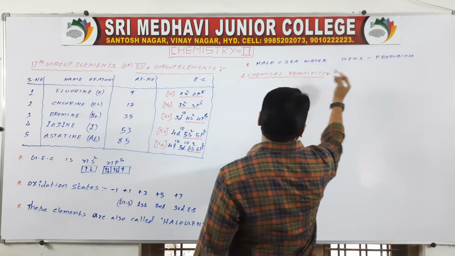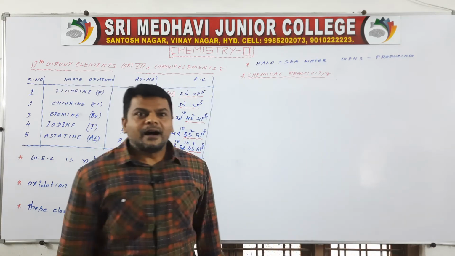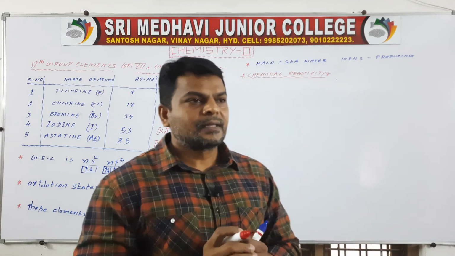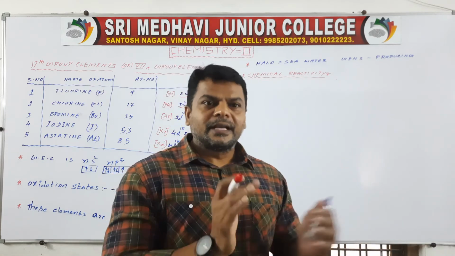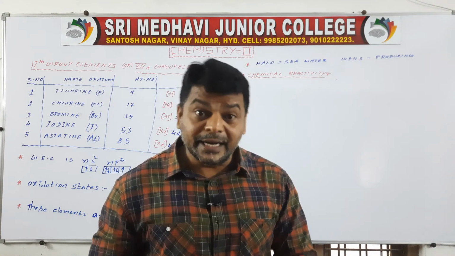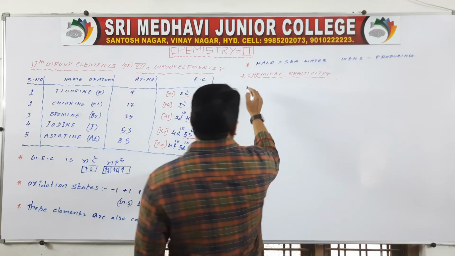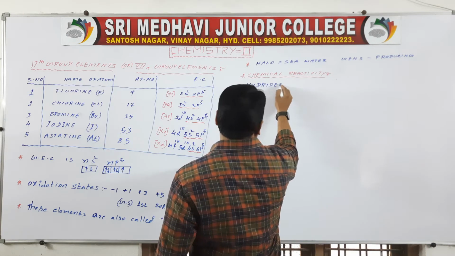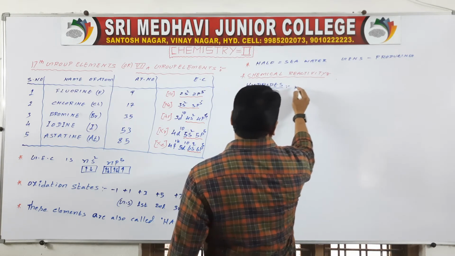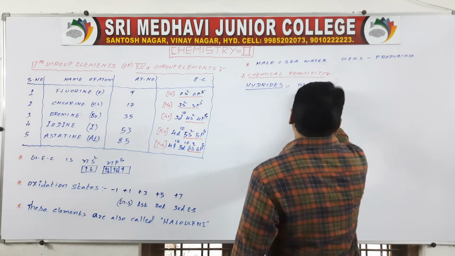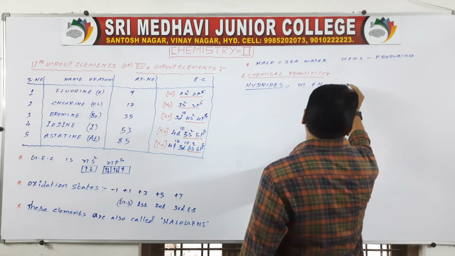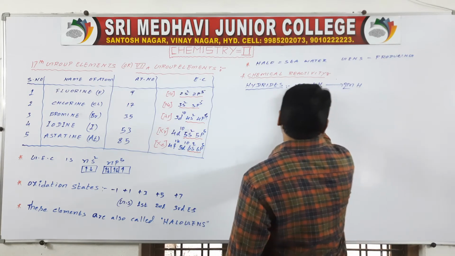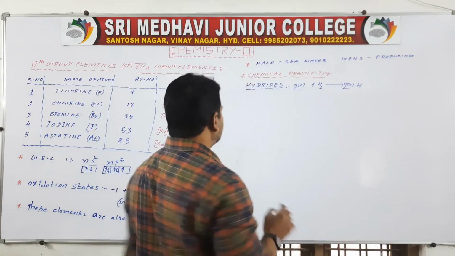Okay, so first one: all 7th A group elements react with hydrogen and can give corresponding hydrides. M plus H2 gives rise to MH, and with 2 taken, it is balanced.